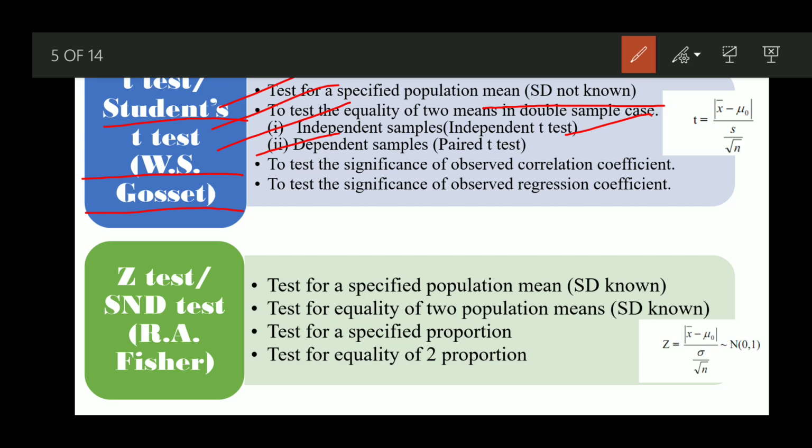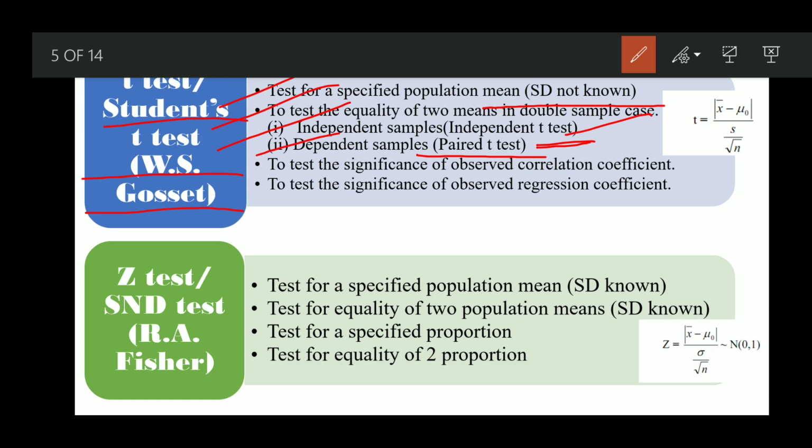And if you are dealing with the same population but different samples, then you have to use the paired t-test. Sometimes people also call it the before-after test. That means here in the paired t-test we are using different samples from the same population before and after applying some treatment.